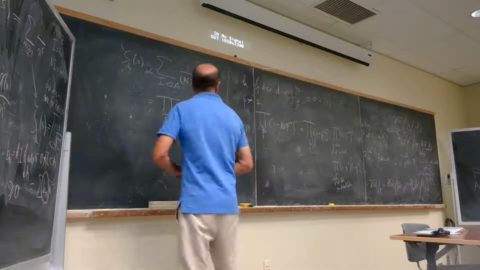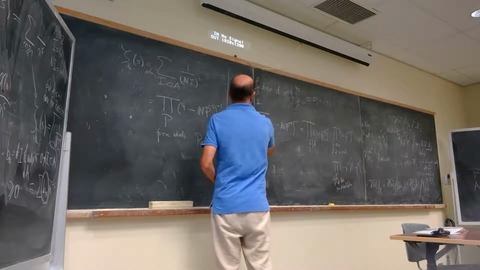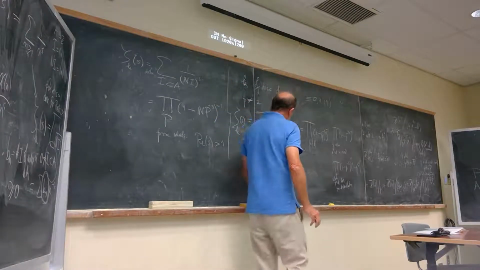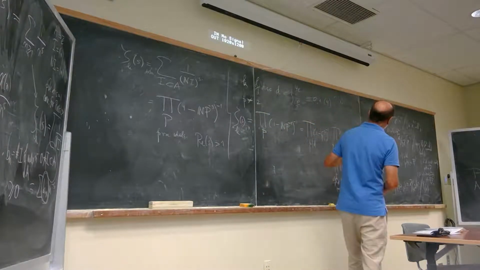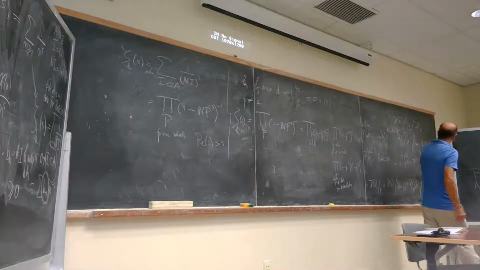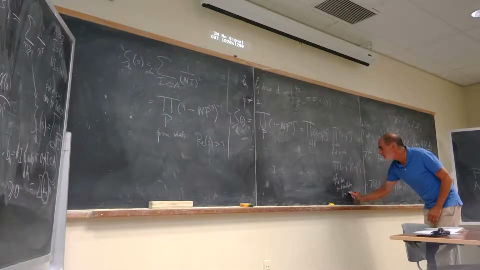Now, here's the big theorem. Well, so that's the zeta function of K. But the theorem of quadratic reciprocity says, so this is the case where D is a square mod P. So D is congruent to a square mod P, but non-zero.